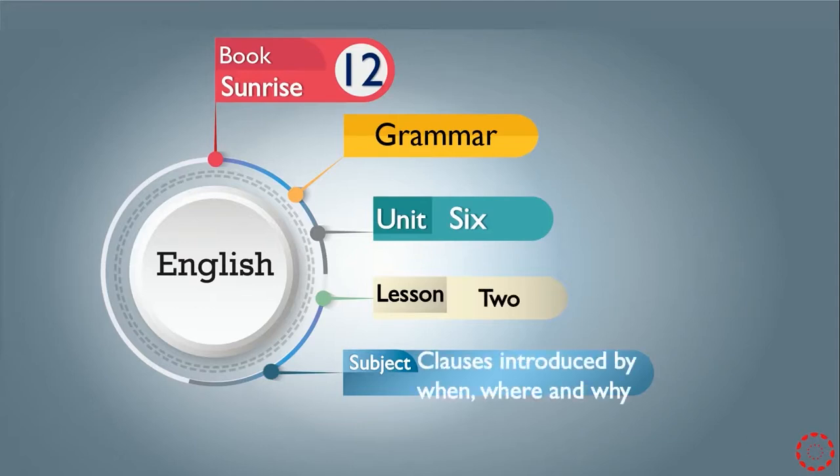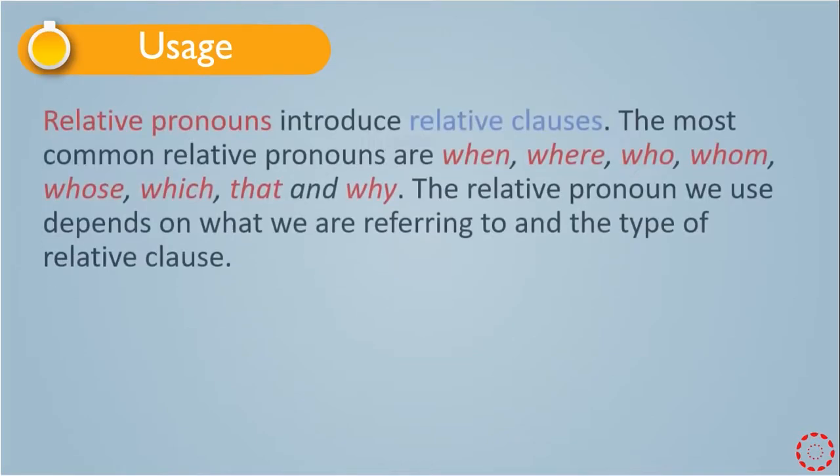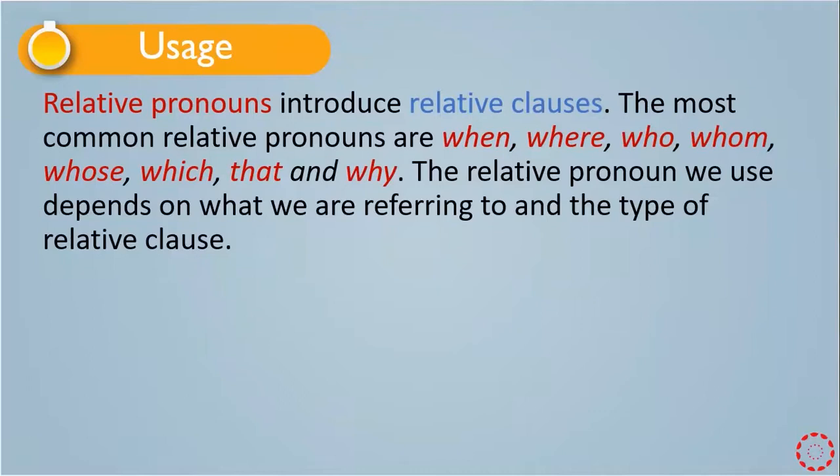Today in Grammar Unit 6 Lesson 2 we are going to talk about a new subject, which is clauses introduced by when, where and why. This is relative pronoun usage. Relative pronouns introduce relative clauses. The most common relative pronouns are when, where, who, whom, whose, which, that, and why.